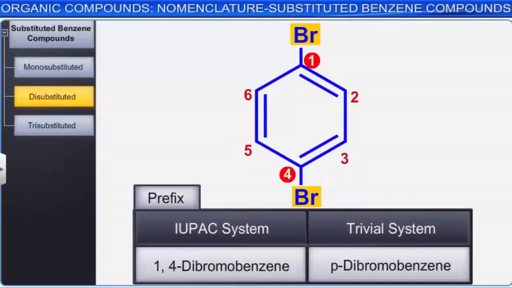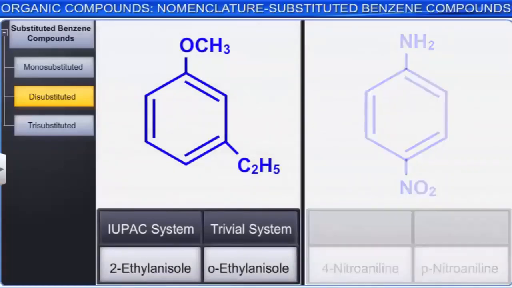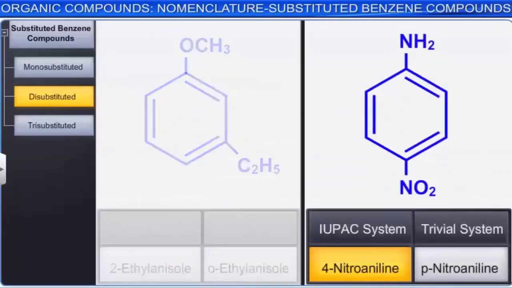Hence, the name of the compound is 1,4-dibromobenzene or para-dibromobenzene. Similarly, the names of the following compounds with 2 different substituents on the benzene ring are 2-ethyl-anisole or ortho-ethyl-anisole and 4-nitroaniline or para-nitroaniline respectively.